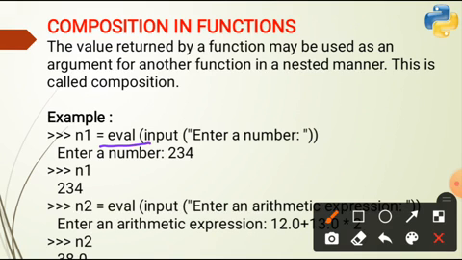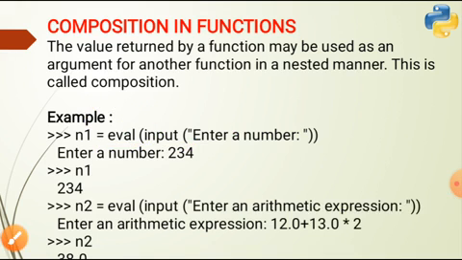So there is another function, input. You already know that input is a function used to get a value from the user. The value is received using the input function from the user, and that value is passed to the evaluate function. Then only the value passes to the variable n1.